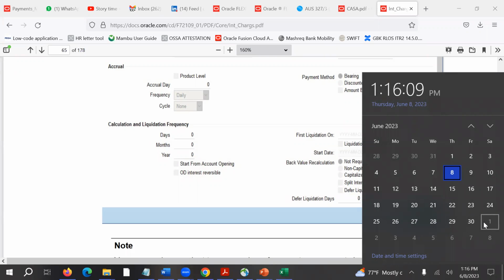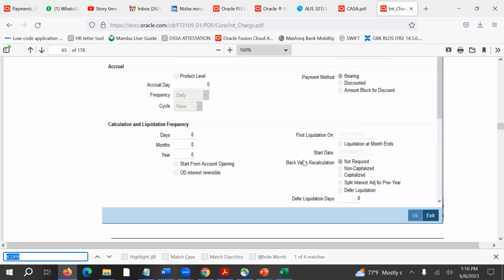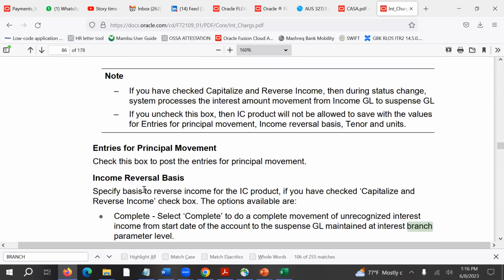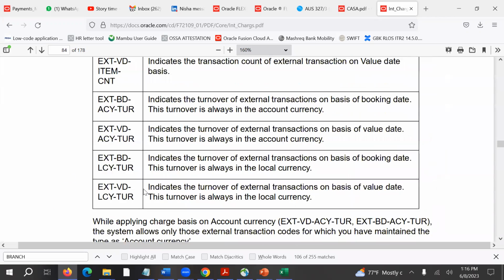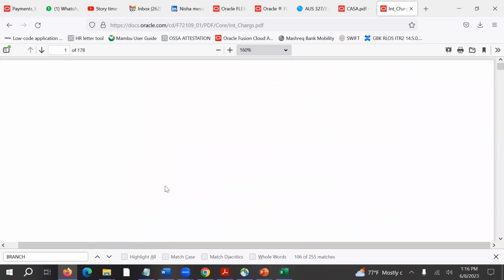For holidays only I'm asking: in normal loans we have move forward, move backward, such kind of parameters set, right? That parameter is not there. That parameter is there in the ICD PR branch parameter. I have a sample, I see the branch parameters.